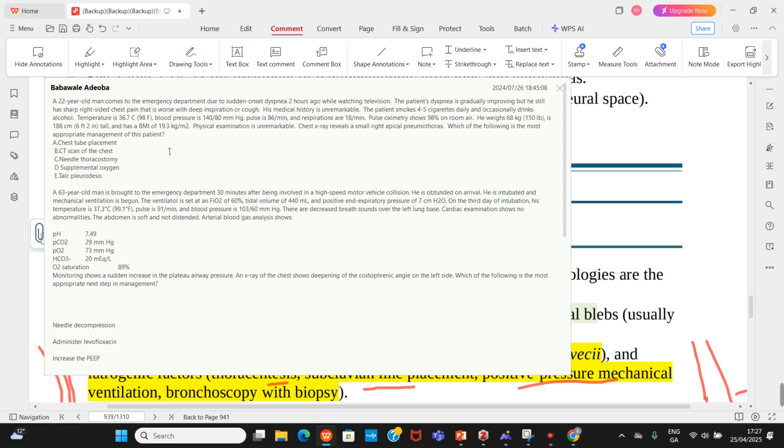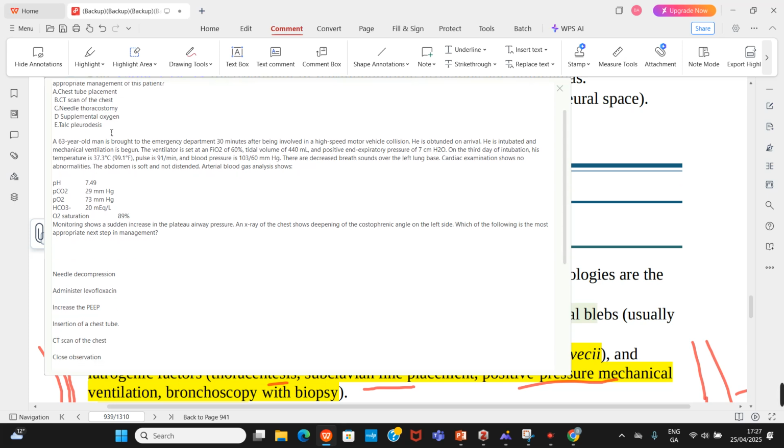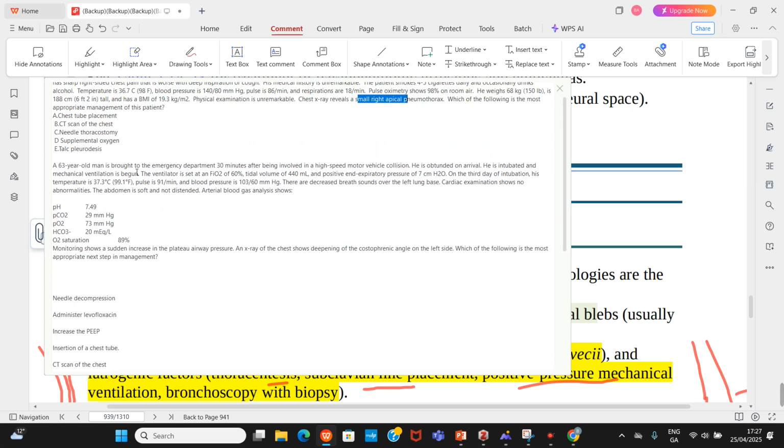Pulse oximetry shows 98%. X-ray shows a small right apical pneumothorax. Which of the following is the most appropriate management of this patient? What do we do? Supplemental oxygen, because this is a small right apical pneumothorax. It's just small. Oxygen is good. No catch.